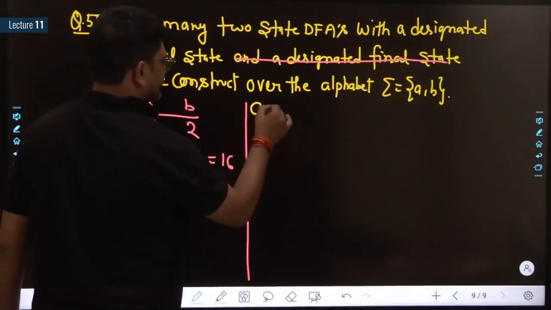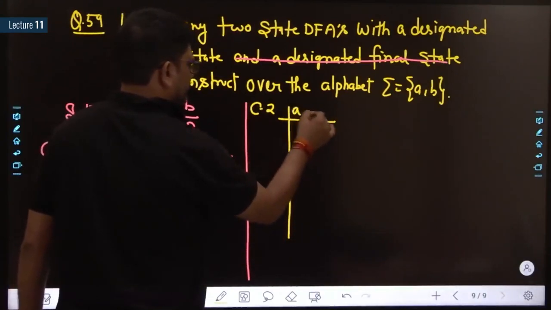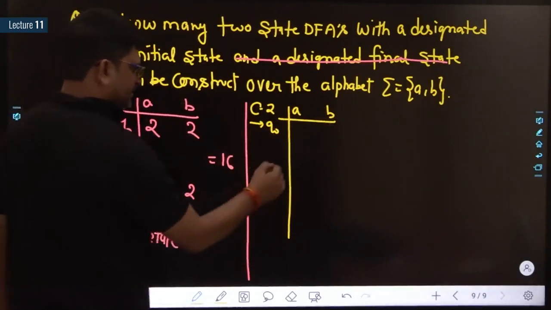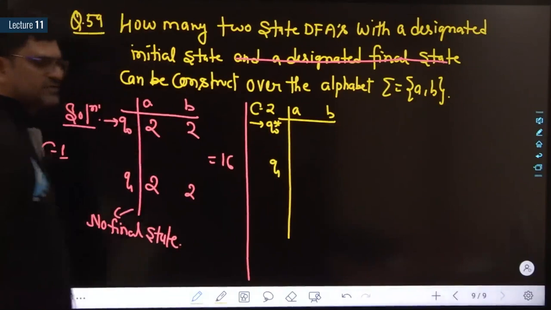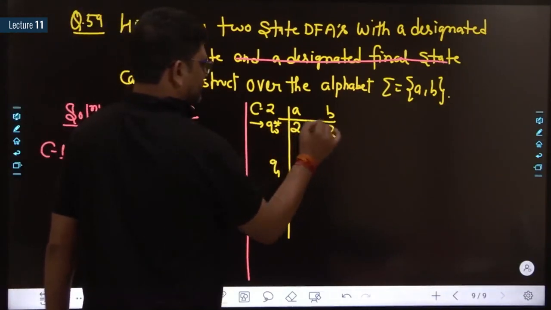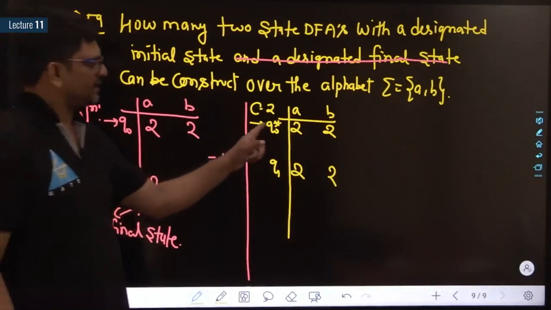Second case. Q0 is fixed as the initial state. Q0 is also a final state. Then there are two possibilities. Why two?